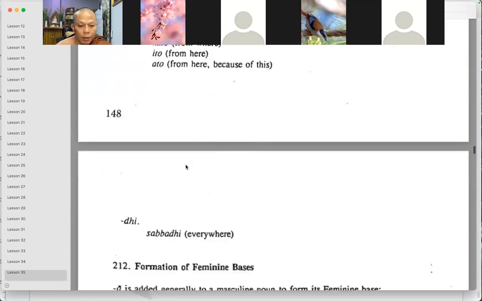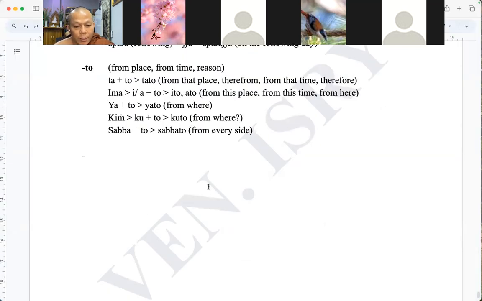And then next is D. Okay, D also is just location, but that D is only with the Saba. So Saba and the D. So Saba D. So everywhere.